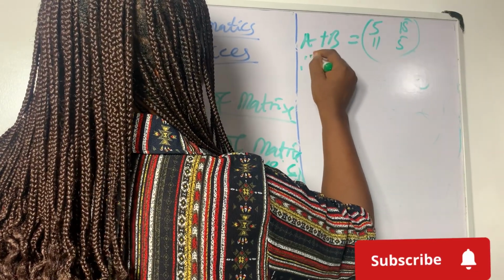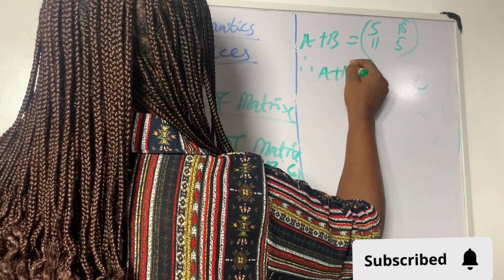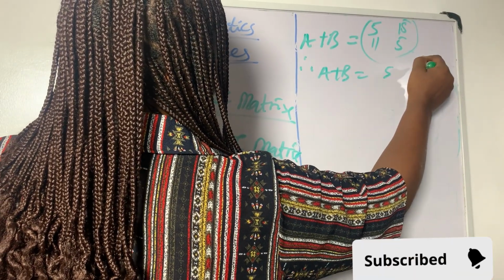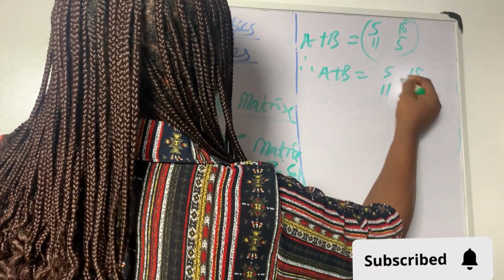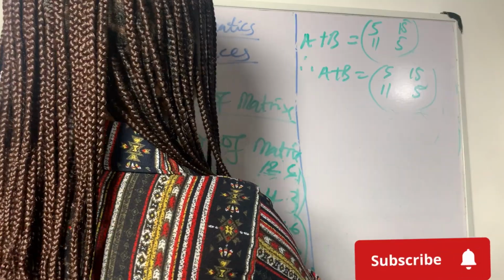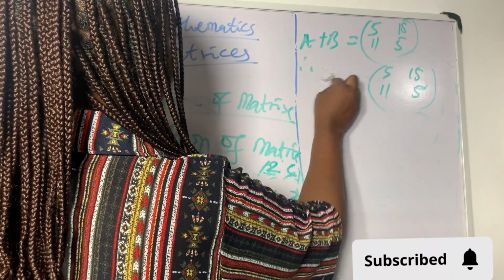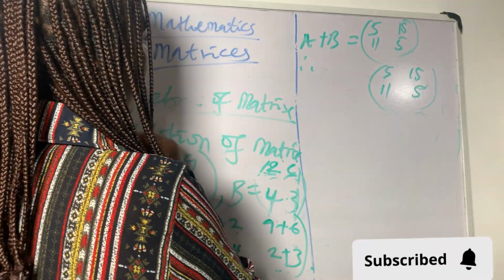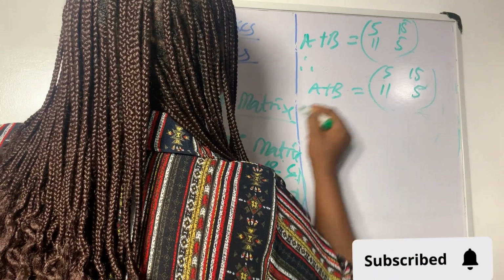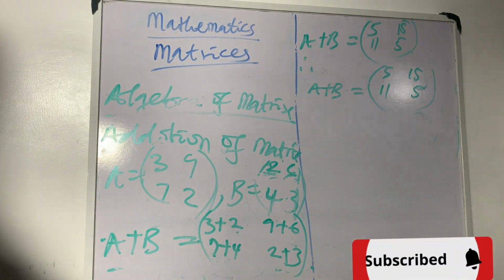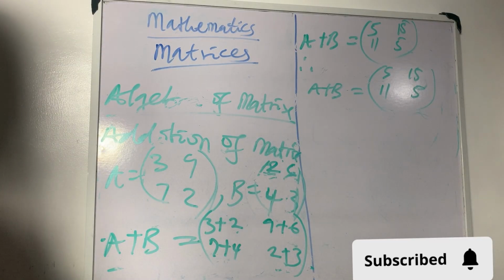Therefore, A plus B equal to 5, 15, 11, and what? 5. The sign of equality in matrix should appear at the second row. I hope that is clear. It is very simple and interesting.